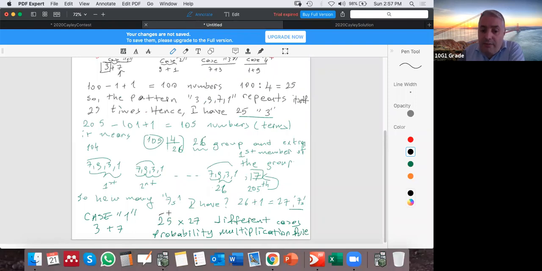Since there are 25 threes and 27 sevens, to construct a pair like 3, 7, there is this total amount of alternatives. So first 3 with first 7, first 3 with second 7, first 3 with the third 7, first 3 with the fourth 7.